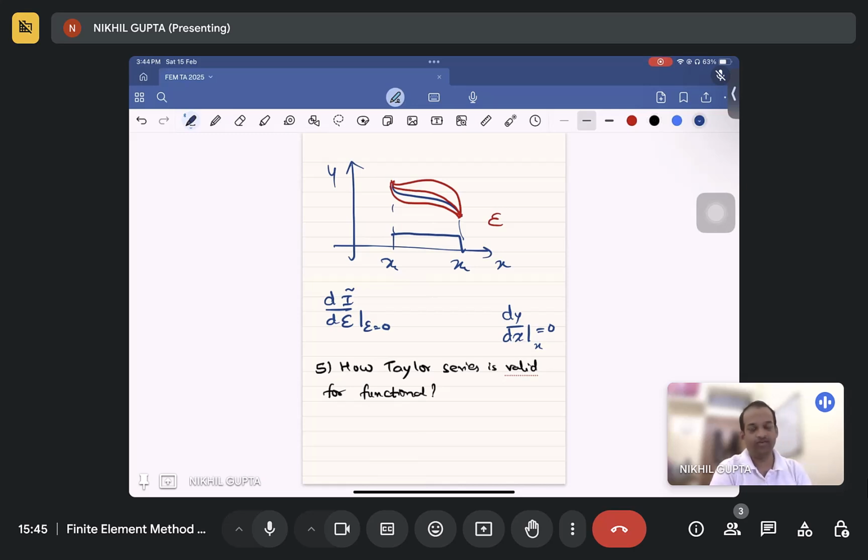For any function you see, be it sin x, cos x, the trigonometric functions, e to the power x, or any other function, whether it's a function or a functional, which is itself a function, it should also follow the Taylor series expansion.